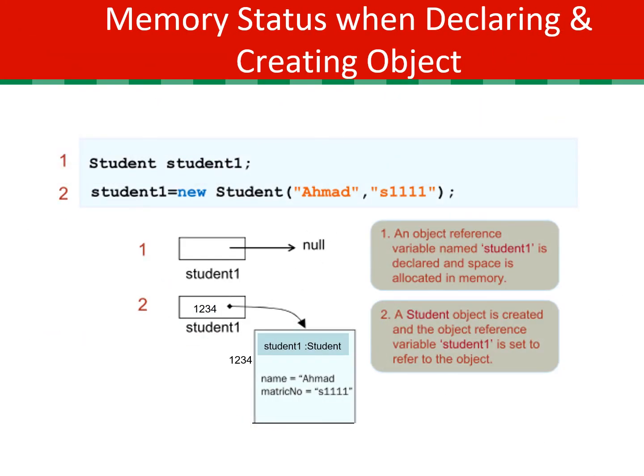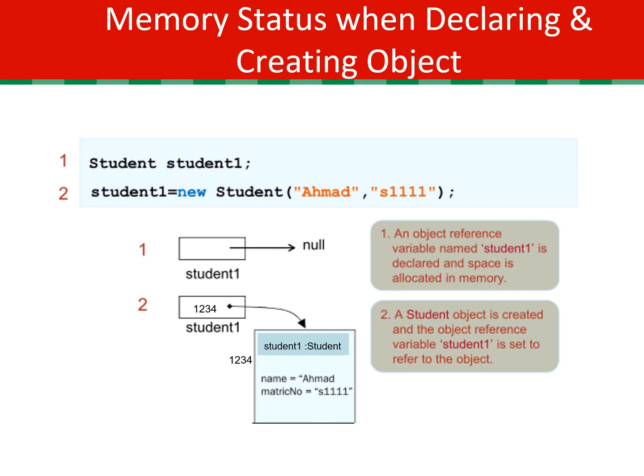For example, when you type student 1, the compiler actually creates a space for student 1, but it's showing nothing. Nothing is actually allocated yet. So when the compiler reads the second line, student 1 equal new student, with a value, student 1 now, rather than pointing to nothing, is pointing to an object.